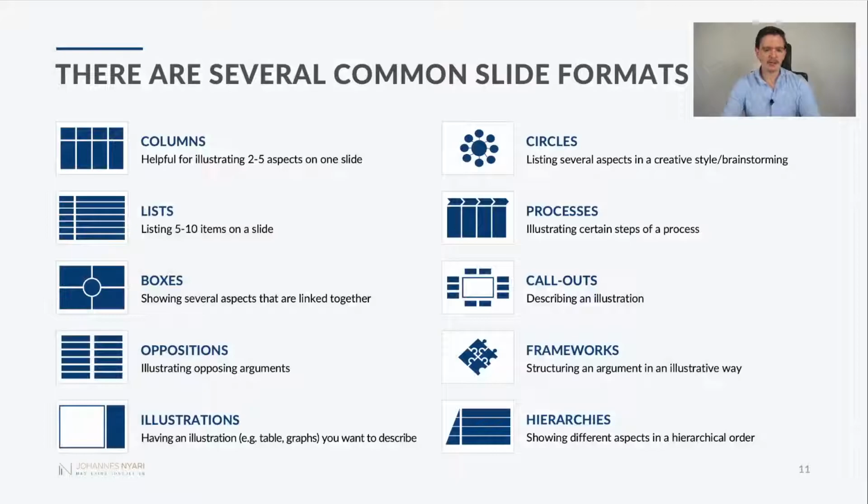Then the next one is that you use boxes around a circle. And this helps if you want to show several aspects that are linked together or circle around a certain topic. So maybe if you talk about an environmental analysis that you did, you want to illustrate, okay, we took a view on the macro trends that we see, and then you maybe have the company in the middle, and then your 4 boxes around that could be the economic trends that you see, the technological trends, maybe some legal things, and some environmental things.